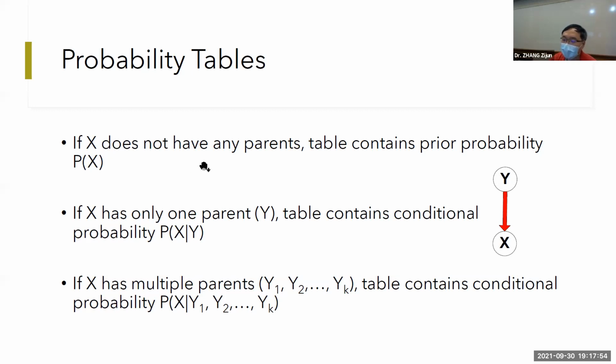So if X does not have any parents, that means it may be the parent of other nodes, but it does not have any parents. Like here, the X has a parent Y, but Y does not have any parent. Okay, so if there's also an X like Y here, which does not have any parents, then the table contains prior probability P(X). Okay.